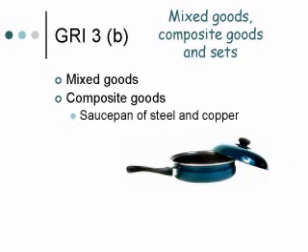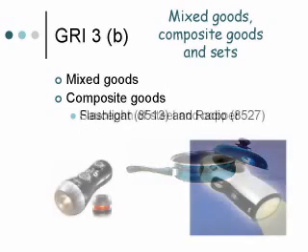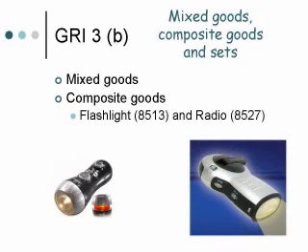Would it be classified under steel or under aluminum? Part B answers this question. Another type of composite good is one that has multiple functions, such as a radio that includes a flashlight. The radio would be classified under 8527 and the flashlight under 8513. Rule 3 will address that situation.